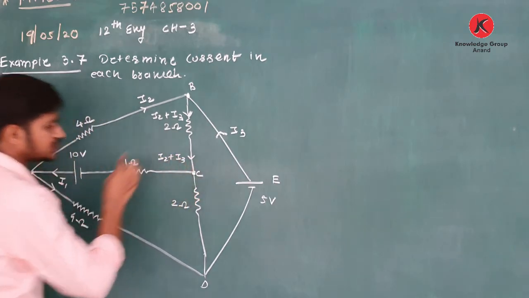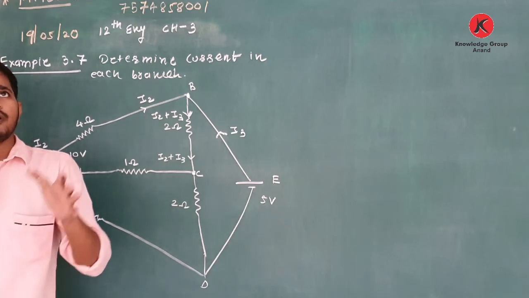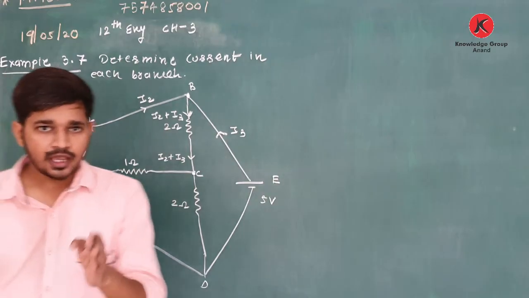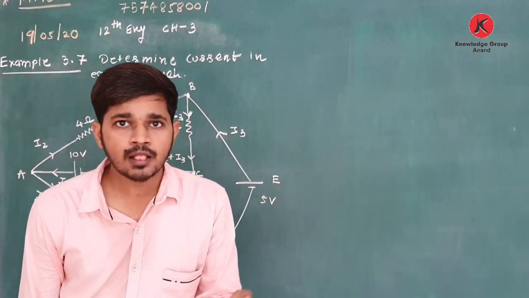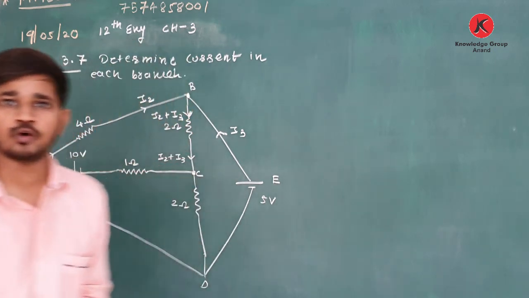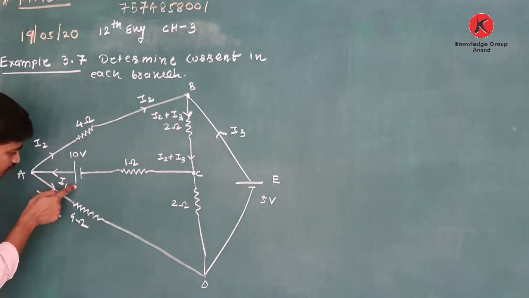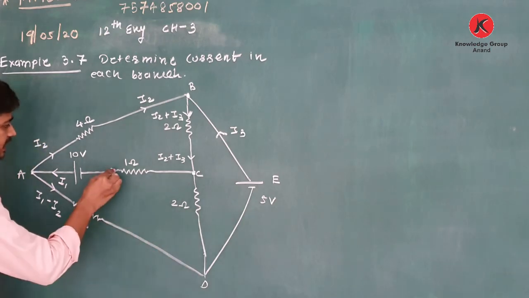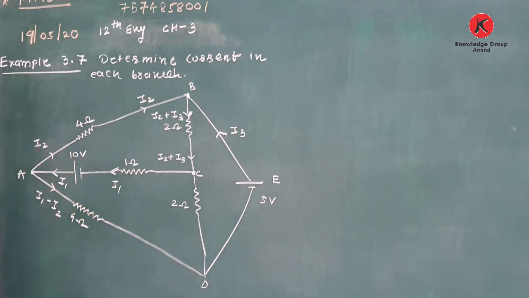Now at this point, junction C, what happens? If you remember, we have already discussed some circuits. If I assume that from the positive terminal the current flowing is I1, then in the negative terminal I1 must enter. Yes or no? As it is a cell, from its positive terminal I1 flows outside, then at its negative terminal I1 must go inside.